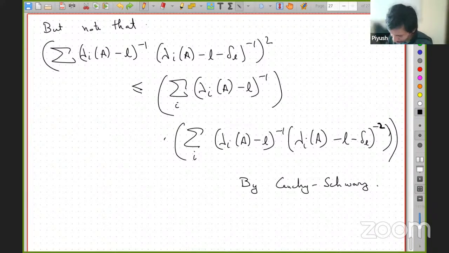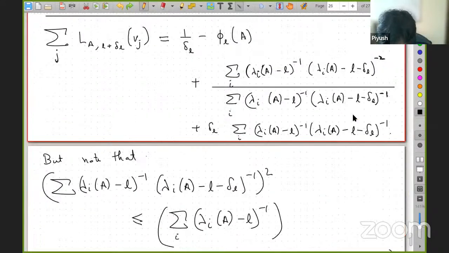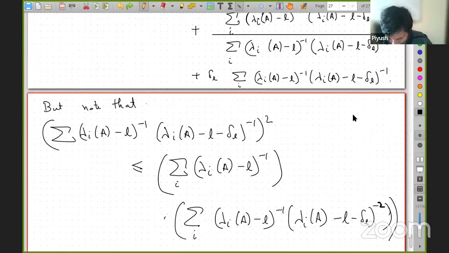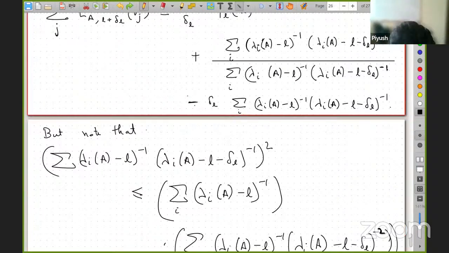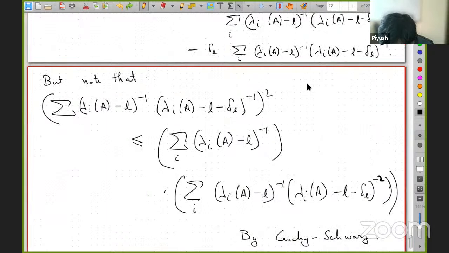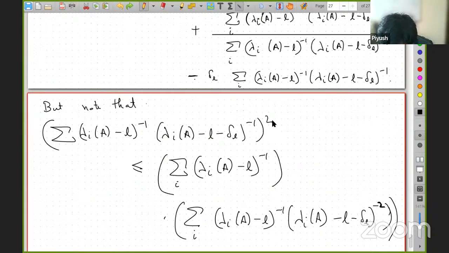Okay, so we have this. So this would imply what? Sorry, this was not plus. This was a minus. If it was plus, we would have just ignored it. But if it is minus, now we have to look at what this thing is. So what are we getting?